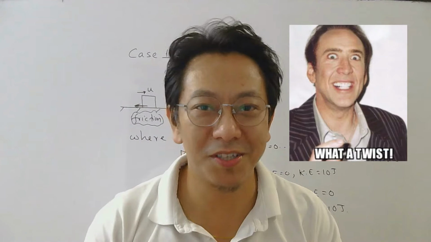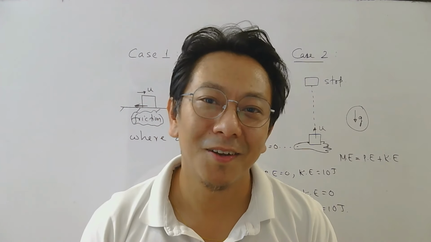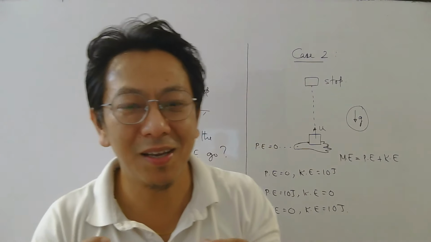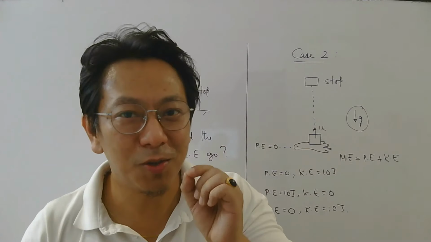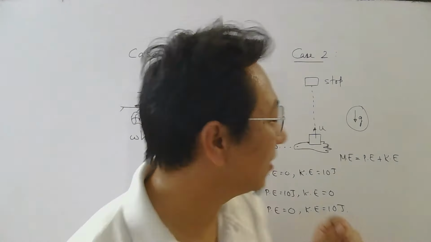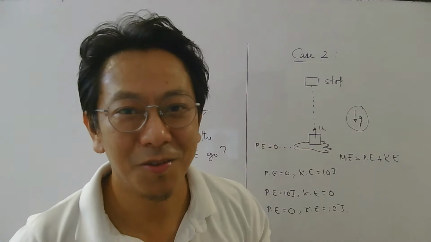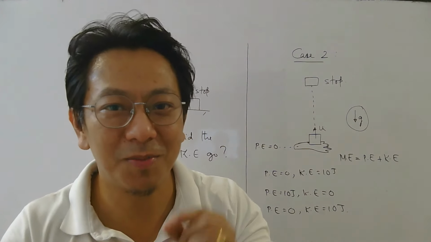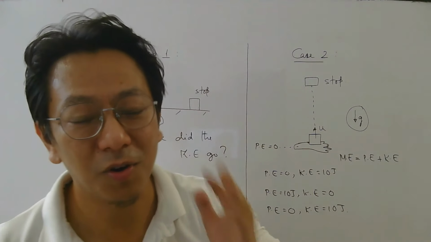Now here is the twist. What is actually friction? Well, friction is not some mysterious force. It is primarily due to the electrical interaction between the billions of molecules of the floor and the block. So friction origin is basically the electrical force between the charges in the molecules of the block and the floor.